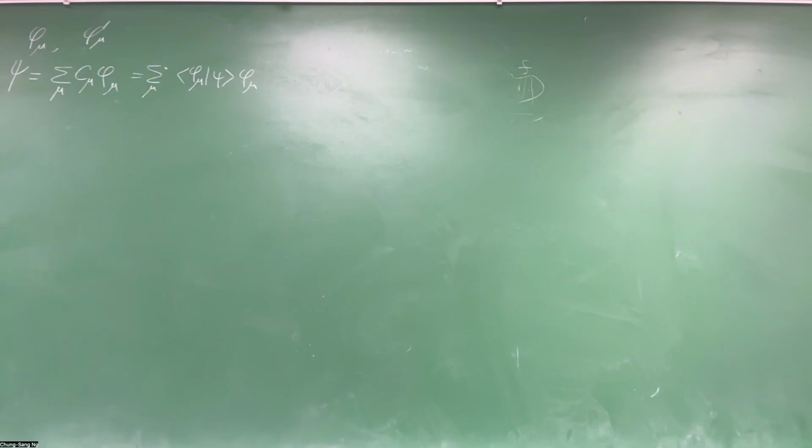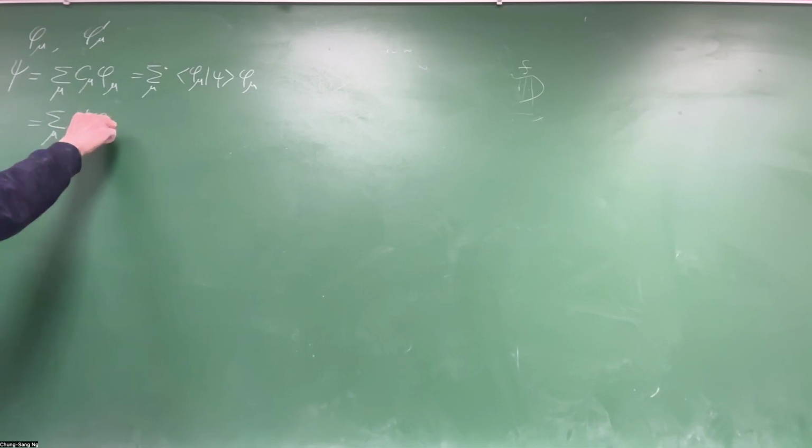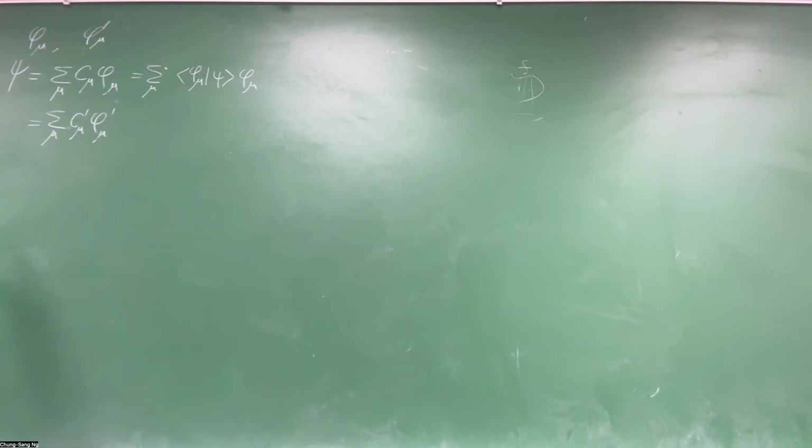This is how we get it. But then we want to express that in the new basis also, with c prime sub mu. So it's the same function, the same vector, expressed in two different sets of bases.